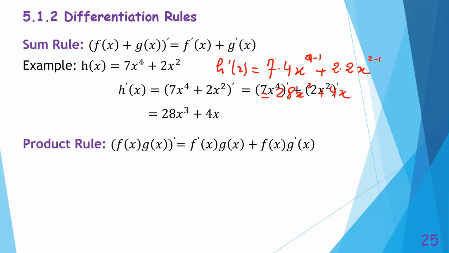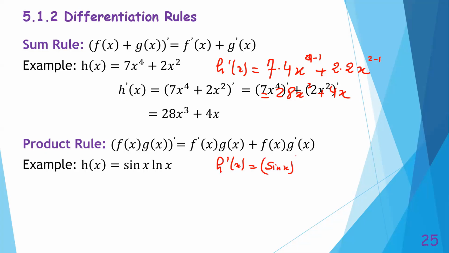We have the product rule. The derivative of the product is f prime g plus f g prime. For example, here, what is the derivative h prime? First we differentiate sine and multiply by ln, plus we keep sine and differentiate ln. What is the derivative of sine x?